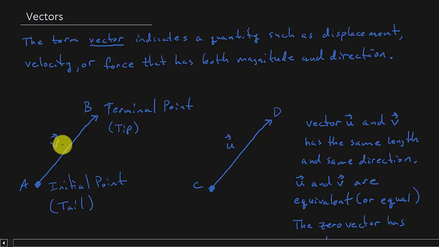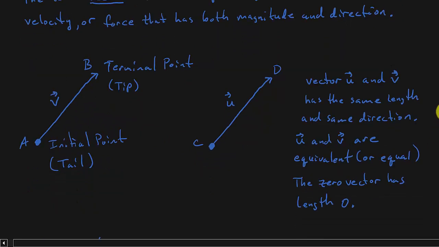You can see that these two vectors, u and v, have the same length and the same direction. They may not look like it on the screen, but they are the same length. So vector u and vector v are equivalent, or equal. The zero vector has length 0.